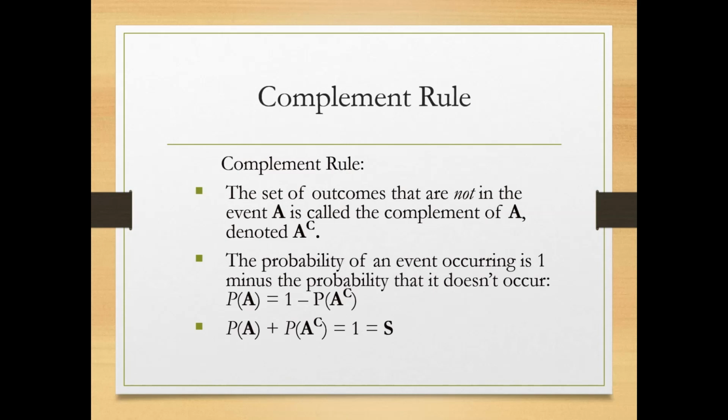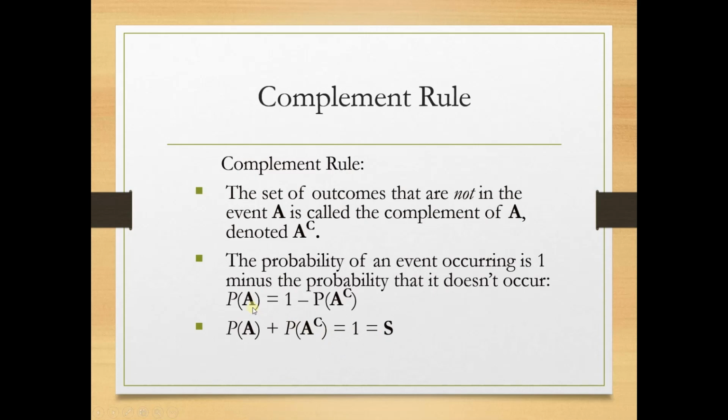Think about it. Either A happens or it doesn't. There are no other options. So the two together have to add up to 1, which is shown right down here. They add up to 1, which is the sample space.